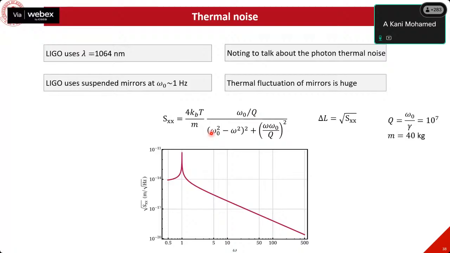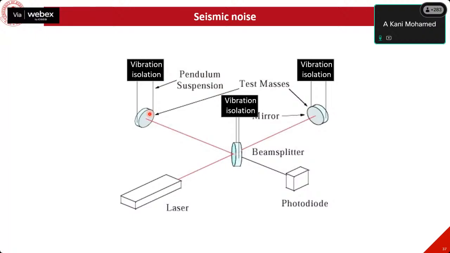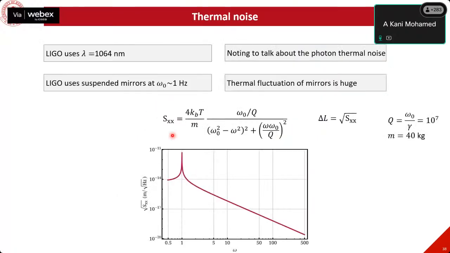So having high Q, we can reduce this number, and similarly having high mass, we can reduce this number. That's why these are not tiny mirrors. They use 40 kilogram, huge, massive mirrors in order to suppress this noise coming from the thermal mechanical fluctuations. So having high mass and high quality factor, this is the frequency dependent noise that is coming from the thermal motion of the mechanical element.